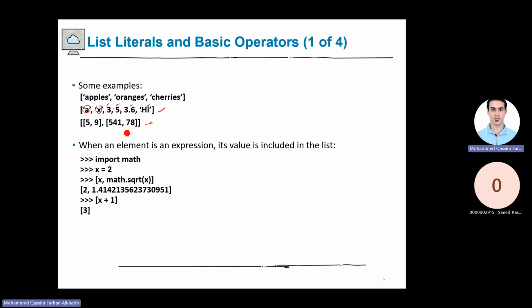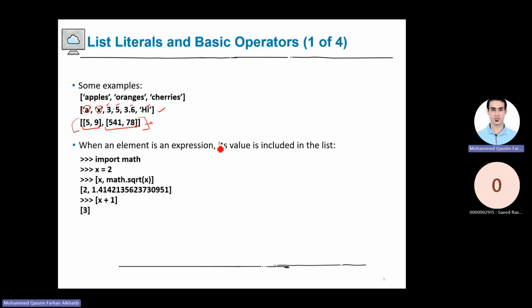So the length of this whole thing is 2. The first element is this list, 5.9. The second element is 54178. Now, doing this is not mandatory. Again, it all depends on the application. Let's say, for example, you worked on some project that required lists within a list, then that's your way of doing it.